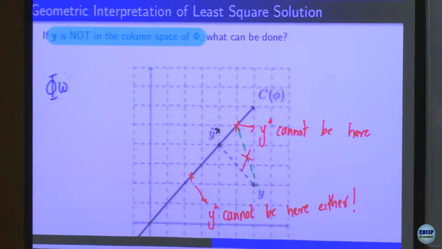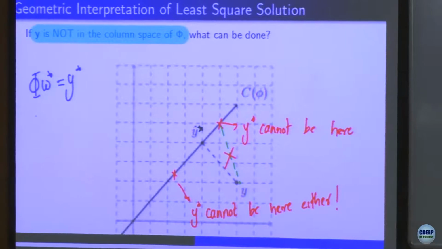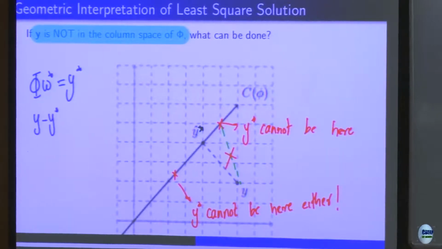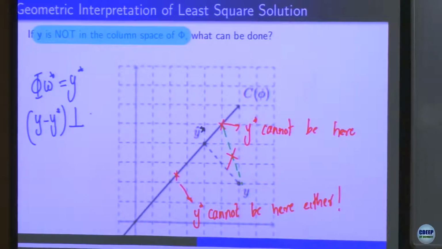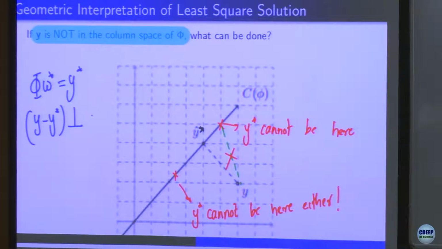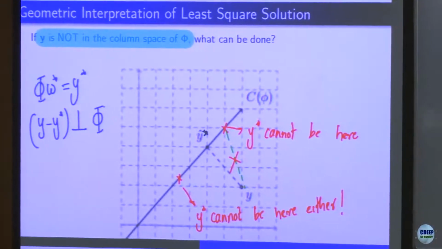So phi w star should be equal to y star, because y star is what lies on the column space, and then what we also want is y minus y star should be perpendicular to the column space of phi, or just say perpendicular to phi itself, perpendicular to every vector in phi, perpendicular to all linear combinations of phi.